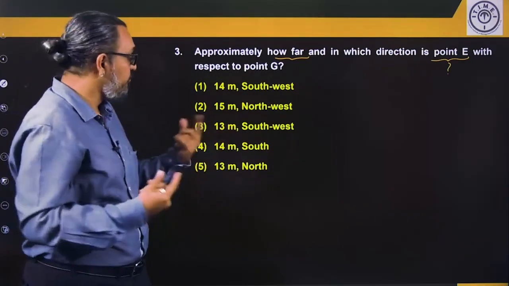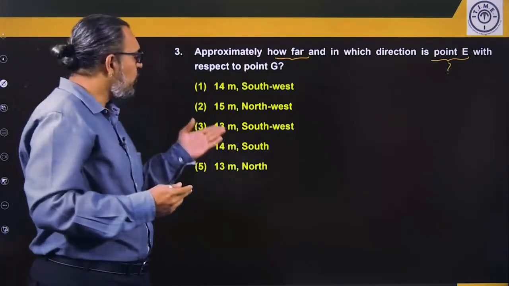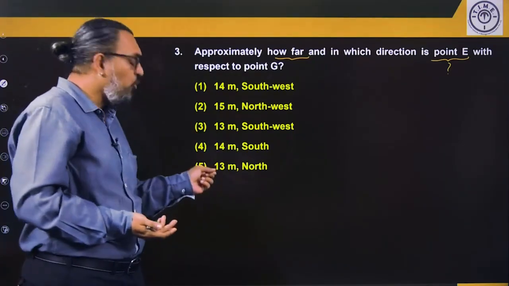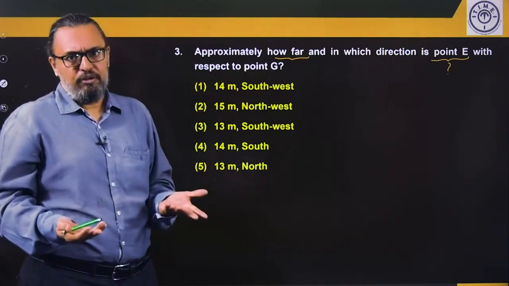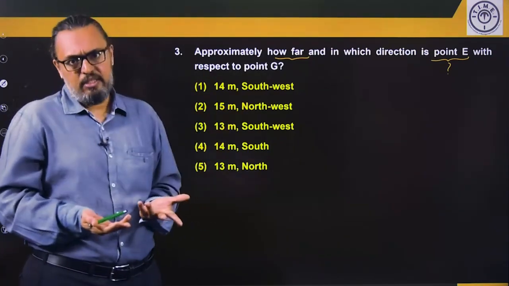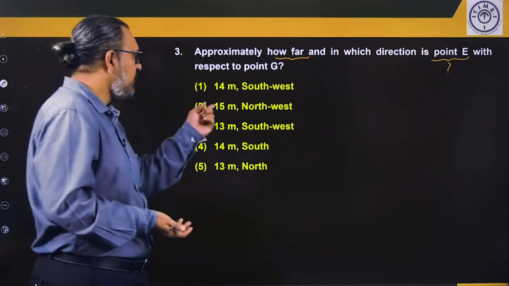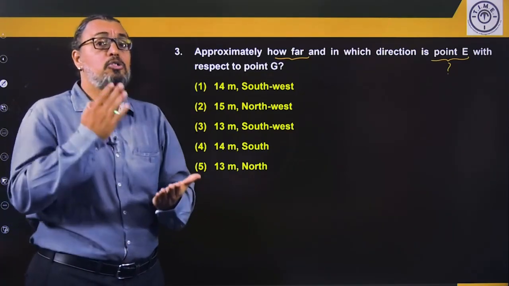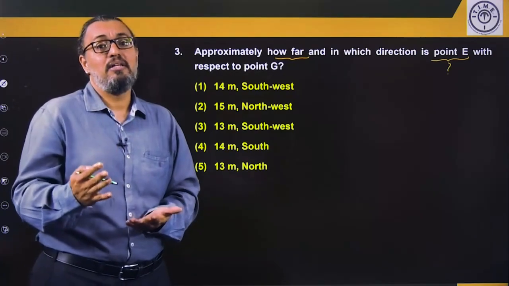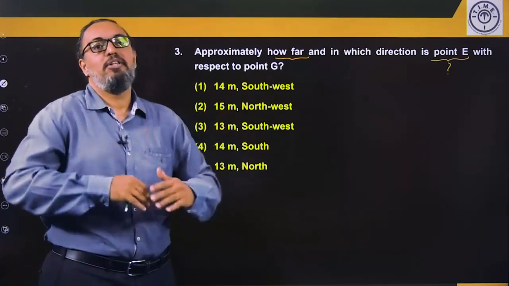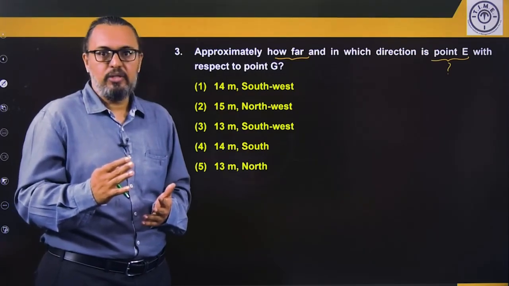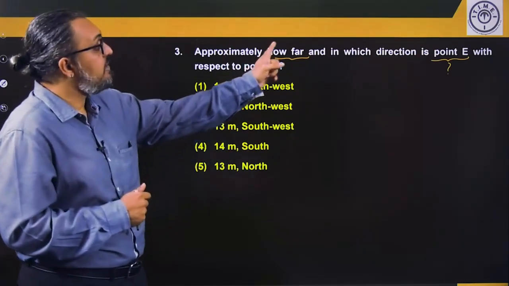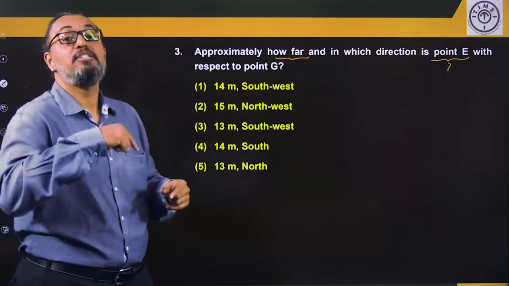Suppose, for example, all 5 options are different and I am getting only northwest as an answer, then you can choose that and keep moving on. So do what is necessary to get the answer. You don't have to complete it and then only check the options. Keep an eye on the options, always. Understood that? Okay. So now let's see distance and direction of E with respect to G.